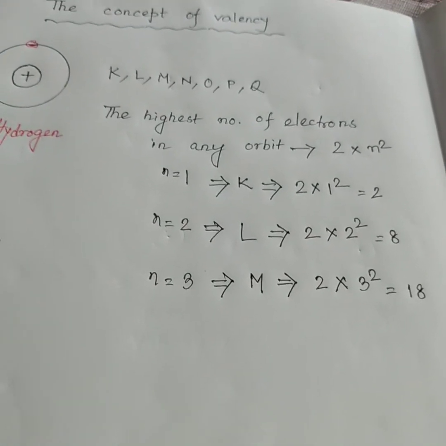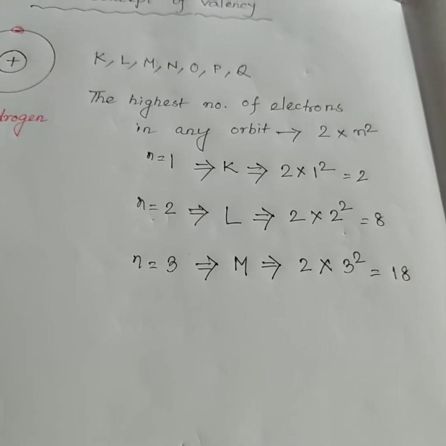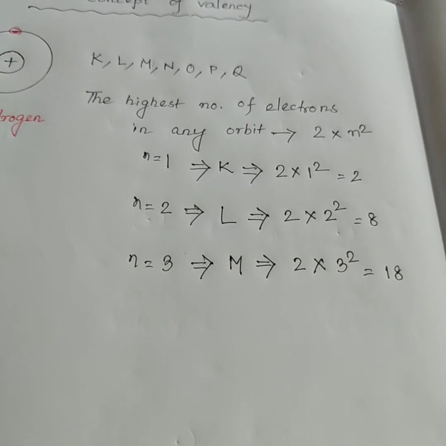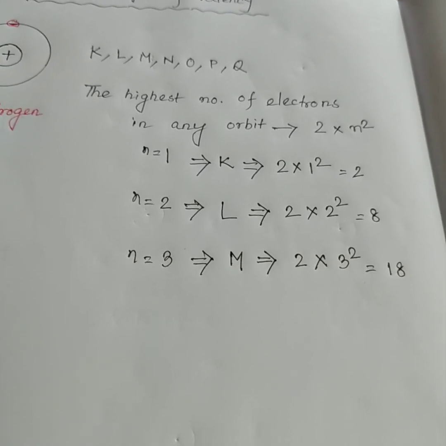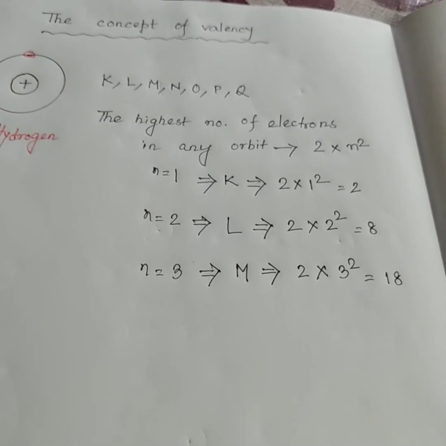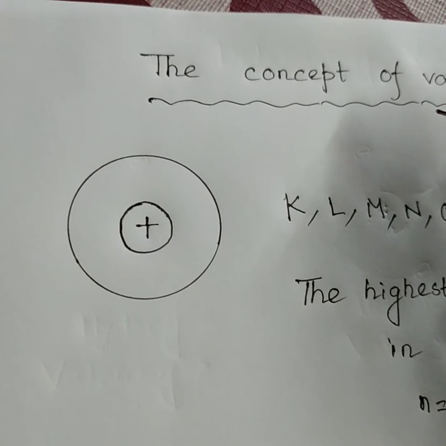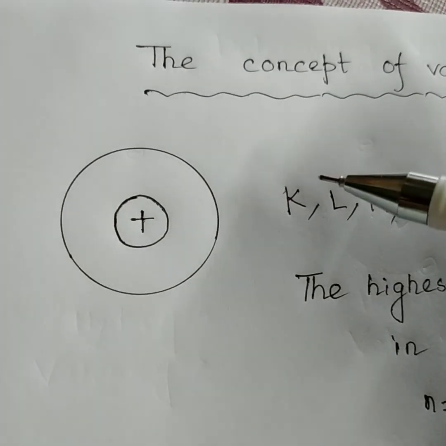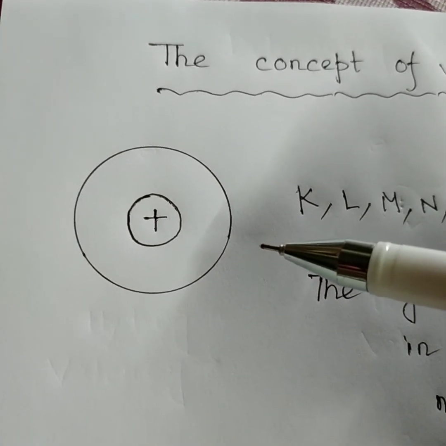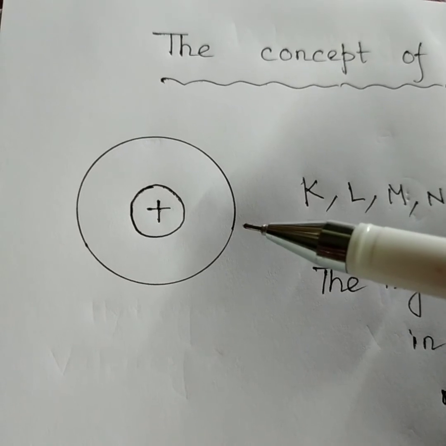But we have to remember that the outermost orbit of an atom will have a maximum of 8 electrons. Now, if we draw the atomic model for the hydrogen atom, we know that the atomic number for hydrogen is 1.